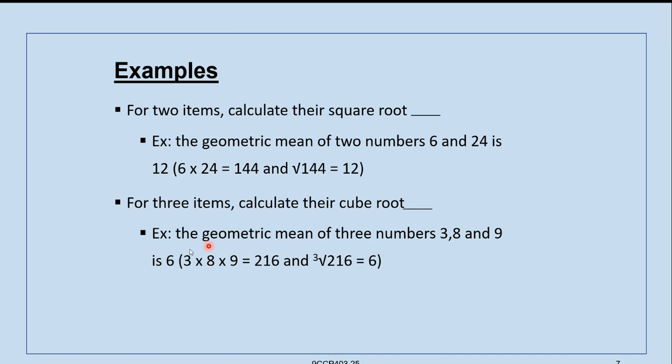And as I explained, the geometric mean of three numbers 3, 8, 9 is 6. So 3 into 8 into 9 is equal to 216, and the cube root of 216, since 3 cannot be written inside the square root in the computer, I am showing it like that, is equal to 6.